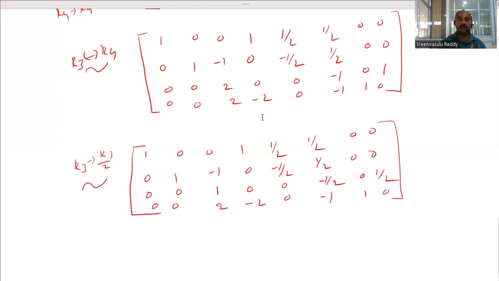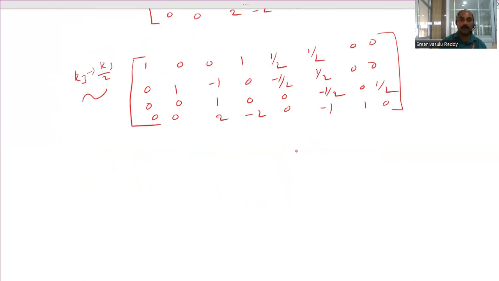Now, we want to make the next diagonal element 1. Here 0, here 0. So that means R2 tends to R2 plus R3 row. R4 tends to R4 plus 2 R2. Plus or minus?